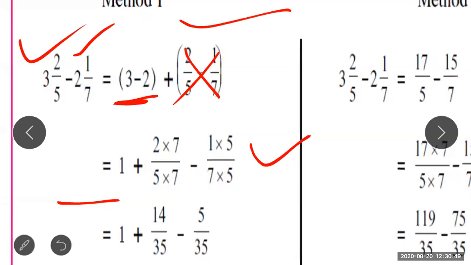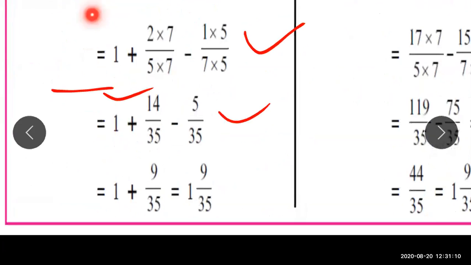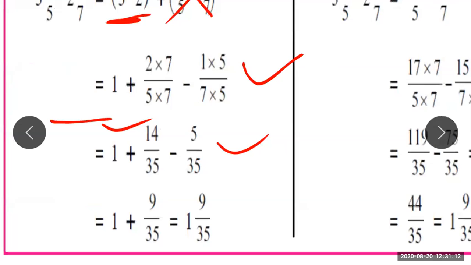The integral part we have solved already, so 1 plus as it is. Now 2 sevens are 14 and 7 fives are 35. Here 1 five is 5 and 7 fives are 35. So here we made the denominator common. Next, what will you do?